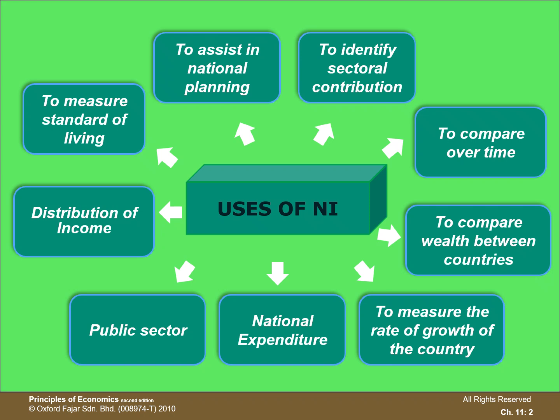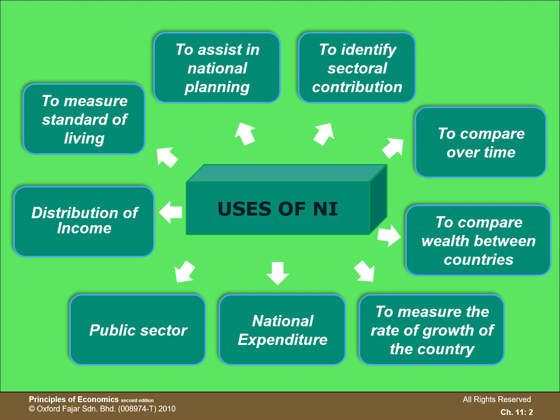Usually, economists use the real GDP figures to compare the economic performance in a country. For example, we can compare the real GDP in 2018 with that for 2019 and see whether or not there has been an improvement.